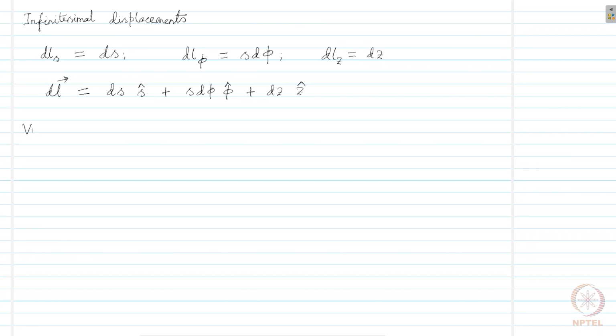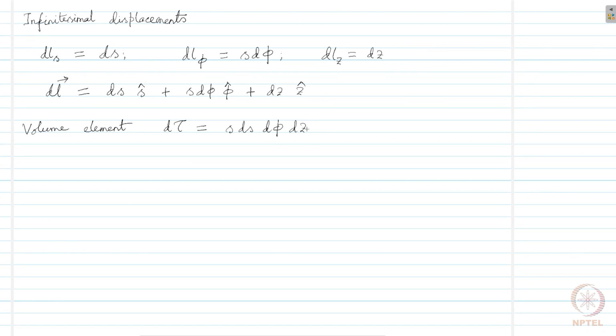Let us consider the volume element. Volume element d tau would be given as multiplication of all these components, that is s ds d phi dz.